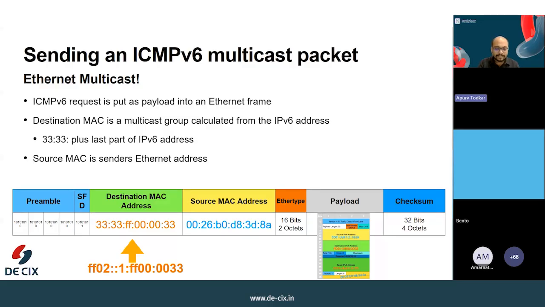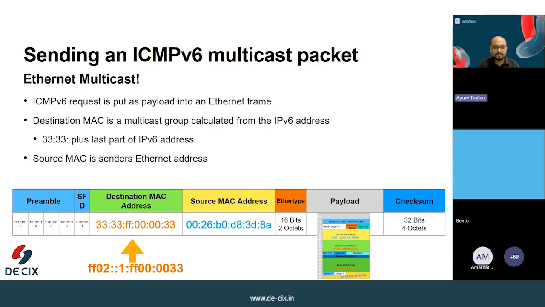If you look at the mapping here, it takes the last part of the IPv6 address and puts a prefix in front of it, and that becomes the destination Ethernet multicast address. This is a bit complicated, so please stay with me and listen to it again, and if you are still confused, you can look at the PDFs that we will be sending out to you.